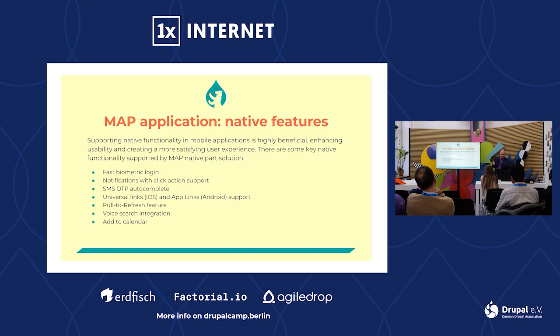Universal links and app links, it's functionality where, with a specific URL, the browser will open your application, so it delegates this request to your application. Pull to refresh feature, when you pull down, you update the content of your application.